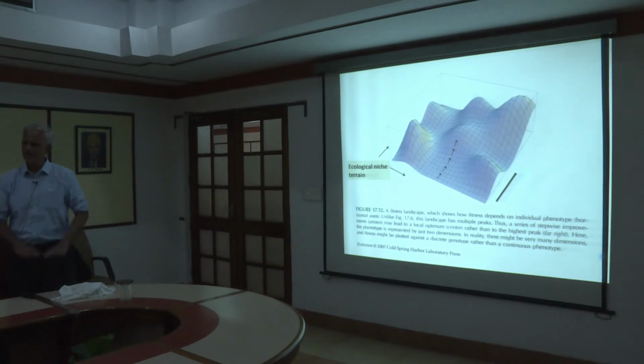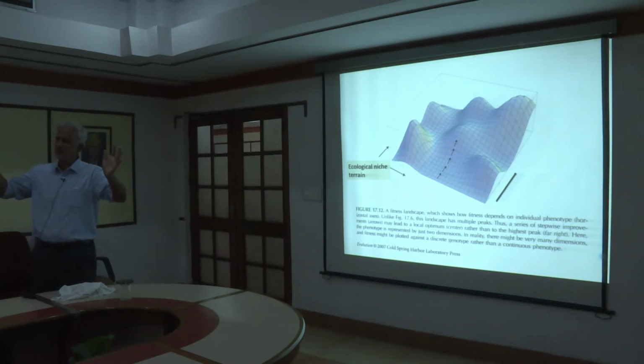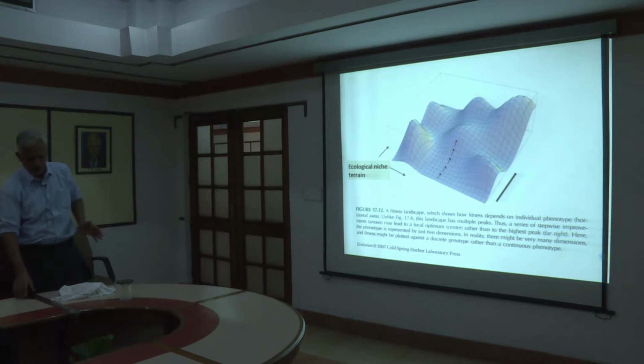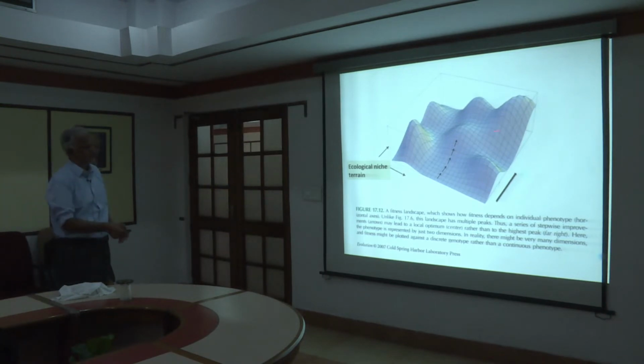It has a length, a breadth, and a height. Let us call this the ecological niche terrain of any species, that is available for any species to occupy. In the figure, you have this undulating surface, which is a patch of, let us say, earth. There is a trough here, a trough here, a trough here, and there are some crests here, which are the high points of my landscape. This is just a physical representation now.